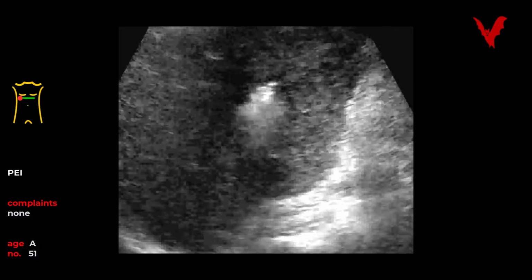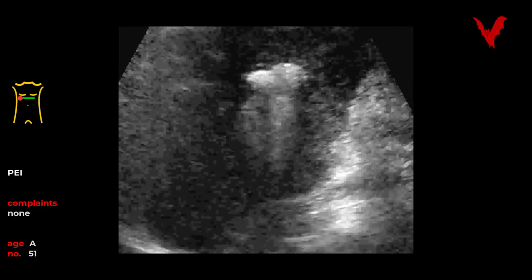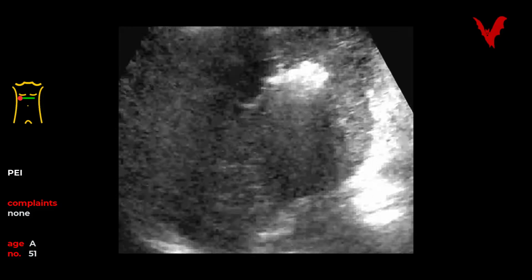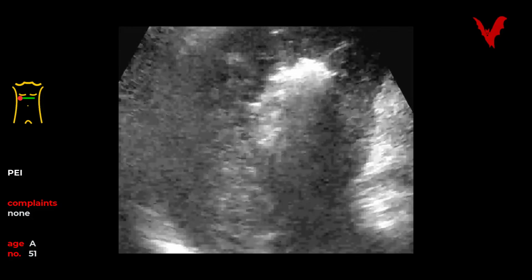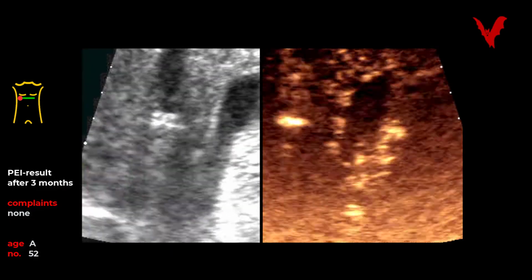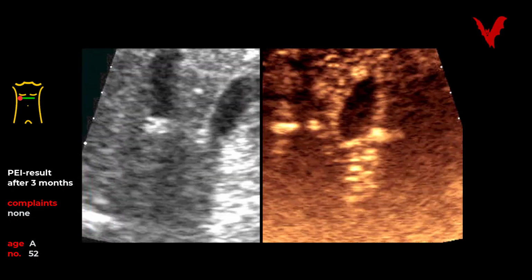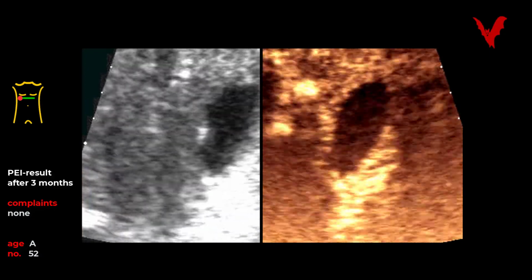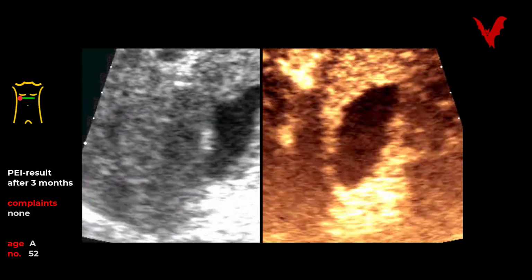A percutaneous ethanol injection, PEI, was carried out without any problems in 51. The result of contrast control after 3 months remained somewhat doubtful.